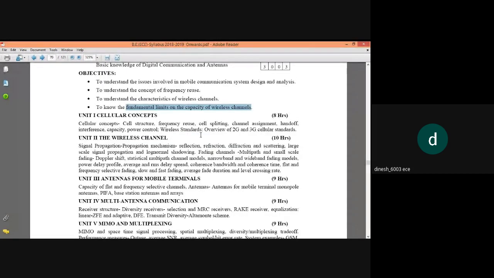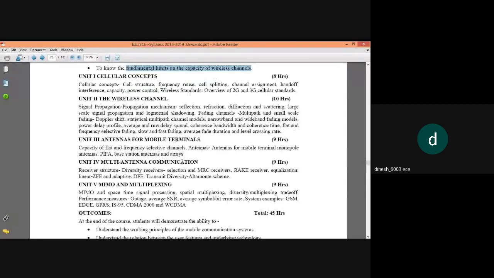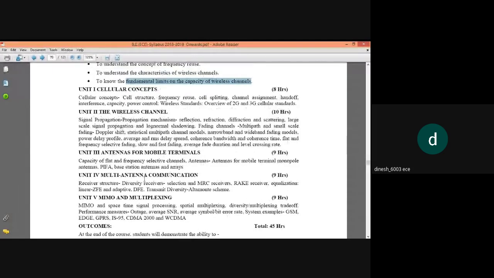So I'll give you an introduction about the 5 different units in mobile communication and networks. The first one is Unit 1, cellular concepts.